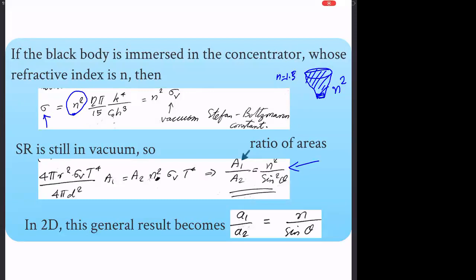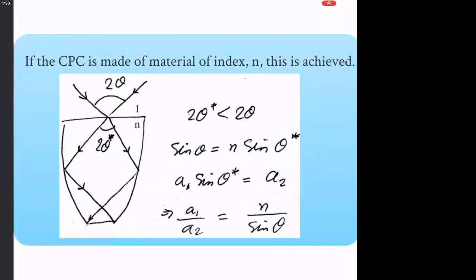And in 2 dimensions, you can do the exact same thing, and you'll see that it's n over sine theta. So it's potentially an easy way to increase the concentration factor without giving anything up. However, what you give up, of course, is that if you fill this thing with water, it's going to get heavier. So that's something you have to deal with. Sometimes you don't want to do it.